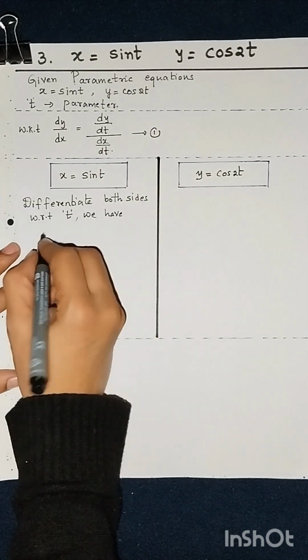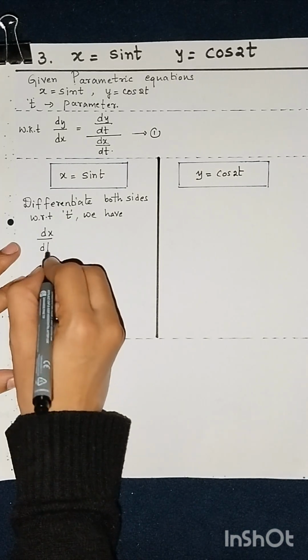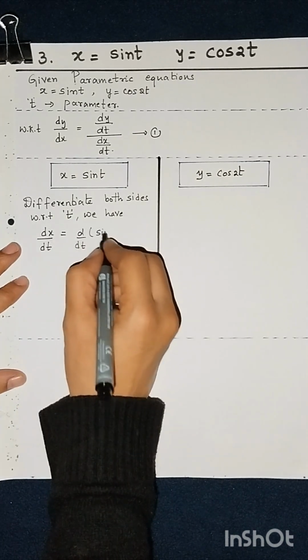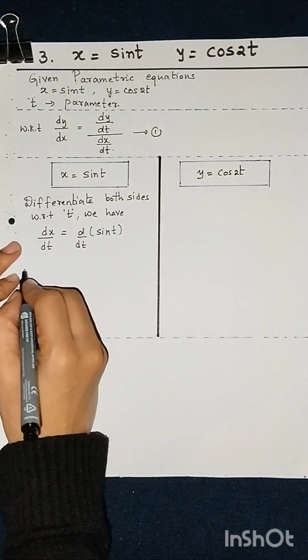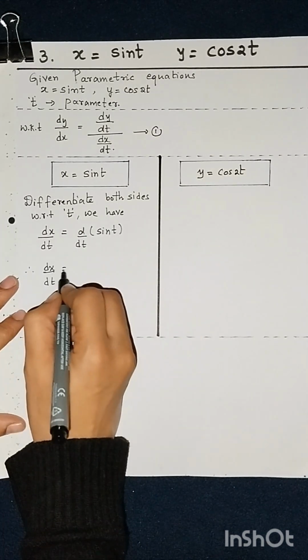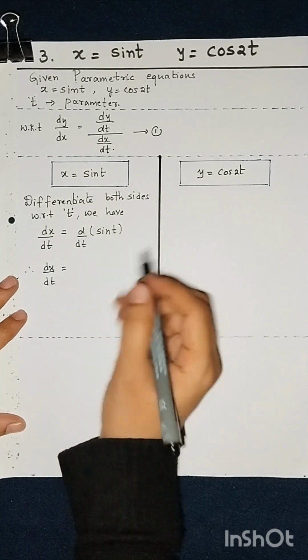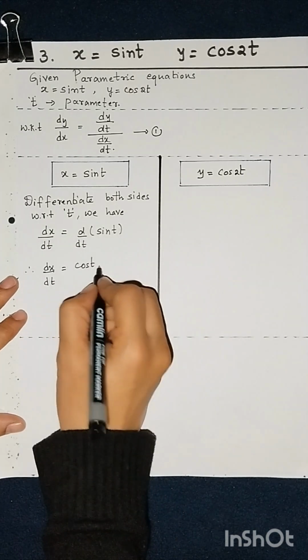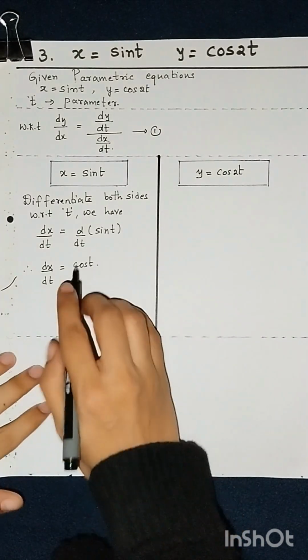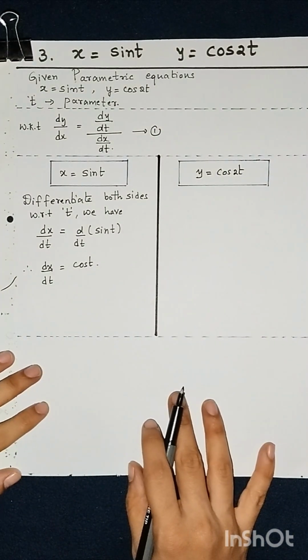We have dx by dt is equal to d by dt of sin t. So dx by dt, the derivative of sin t is cos t. We can just write cos t here.